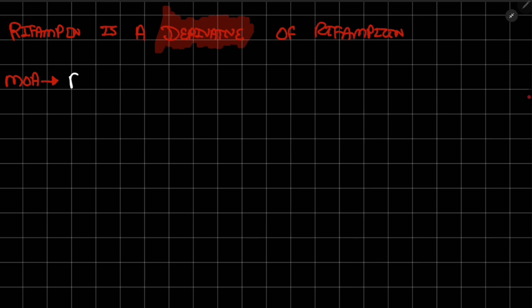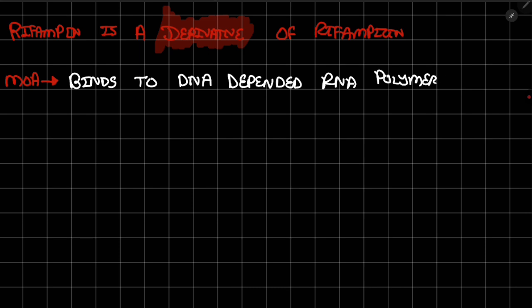This drug binds to DNA dependent RNA polymerase. Okay, it binds to DNA dependent RNA polymerase. So where is this DNA dependent RNA polymerase used? Yes, it is used in RNA synthesis.